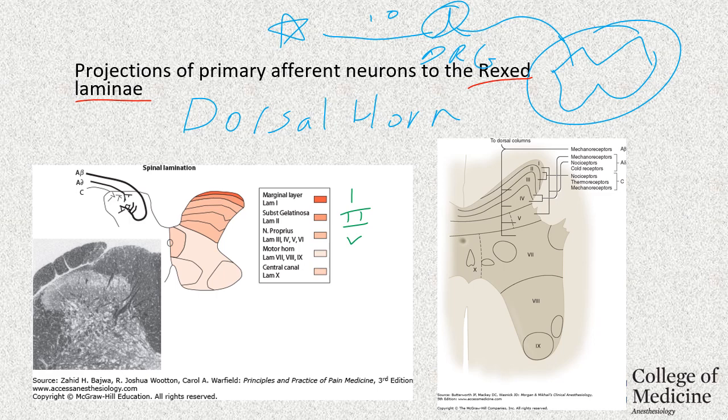And so this is the sensory part of the Rexed lamina. Now, the anterior part of the spinal cord has motor lamina, which are not going to be discussed, but to note that the 3 different lamina that your pain fibers terminate on are 1, 2, and 5.